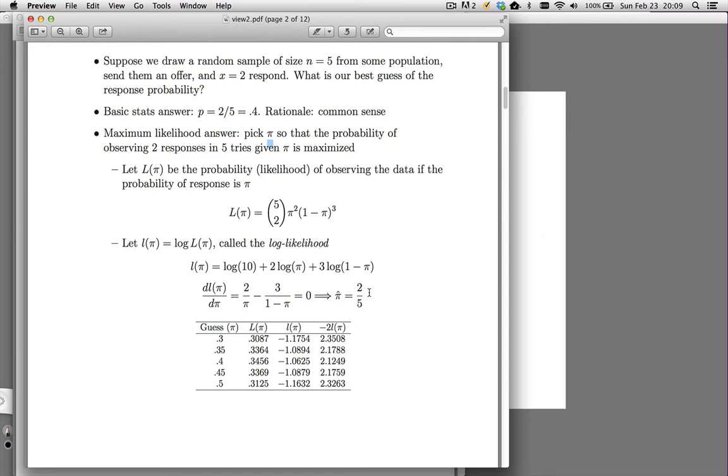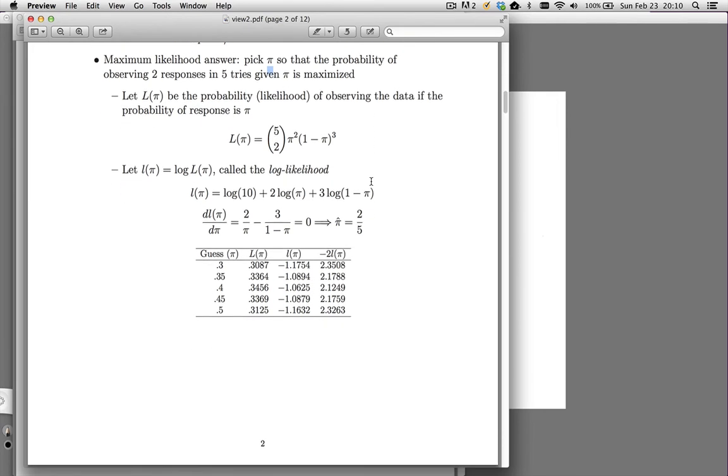So let me just repeat what this has told us. If we assume that the unknown parameter is 0.4 or 2/5, we maximize the likelihood of observing the data that we have on hand. So 2 responses out of 5 tries. I made a little table where I just generated these probabilities.